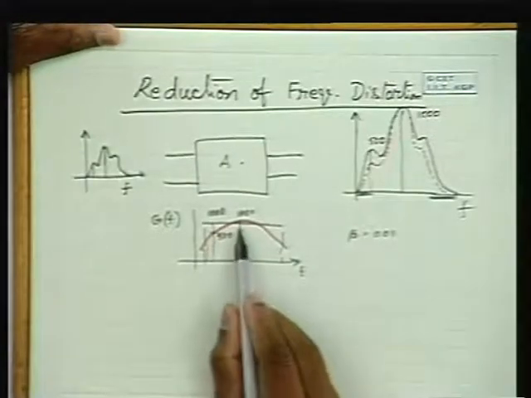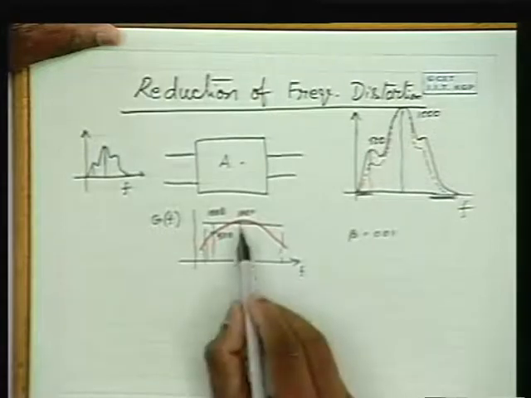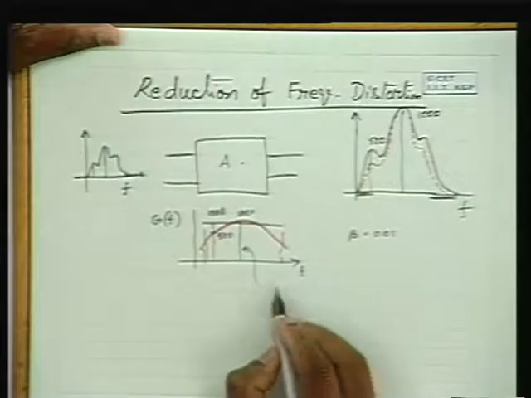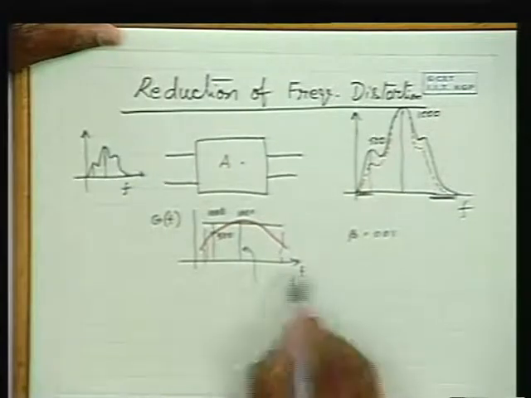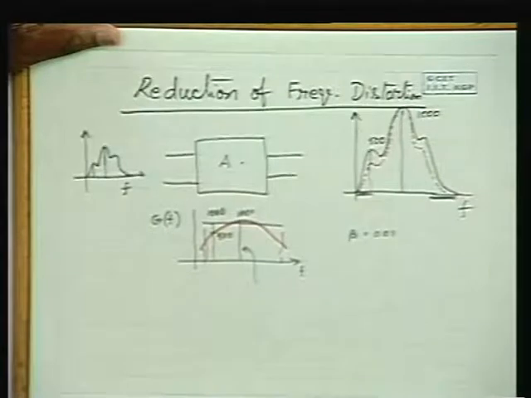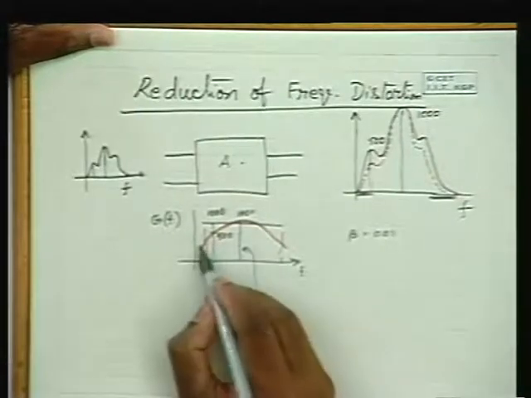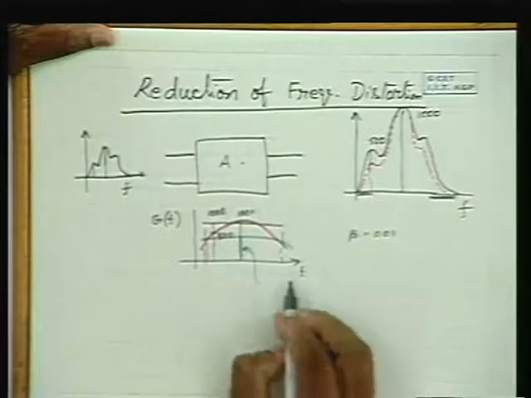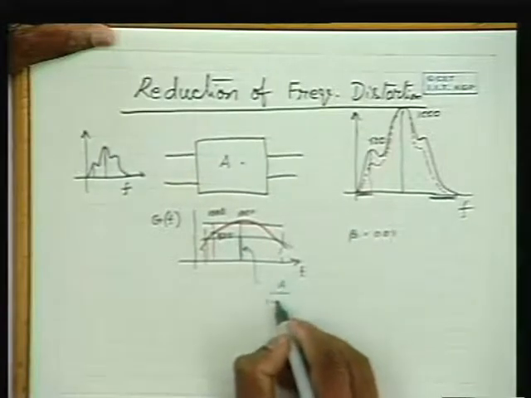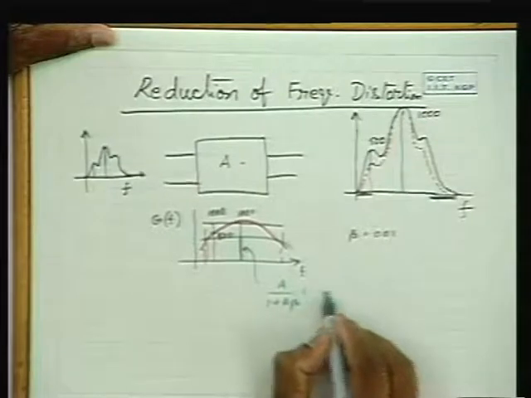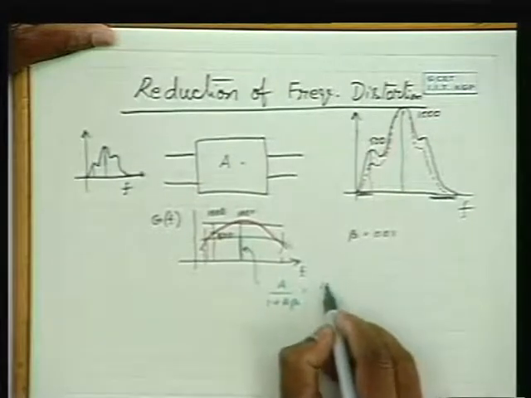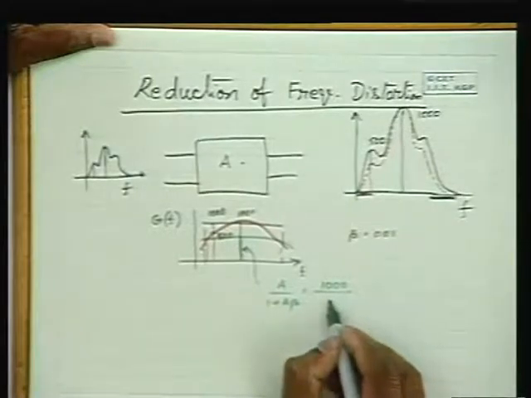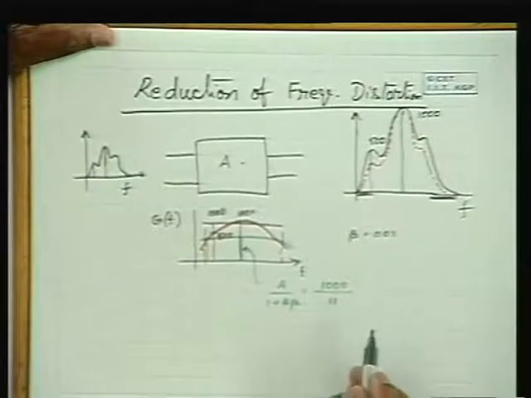Now if you provide a feedback of 0.01, how much would be the gain here? Gain for this frequency? After feedback, say this is the gain of the feedback amplifier. After feedback, the gain would be how much? A by 1 plus A beta. So that is equal to 1000 by 1 plus 10 into 0.01, 1000 by 11.